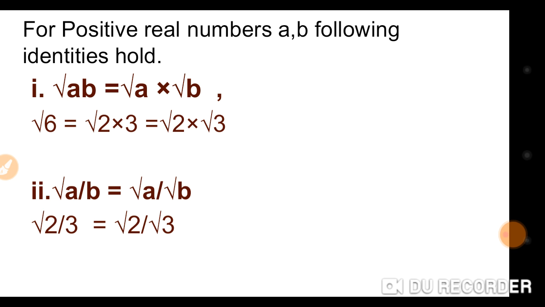So students, here are some identities to solve real numbers. For positive real numbers a and b, the following identities hold. Root of a into b, we can write root a multiplied by root b. And you can see an example also. Same, root of a divided by b is equal to root a divided by root b.